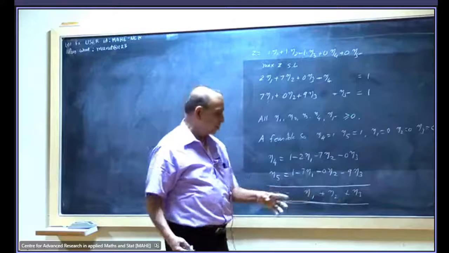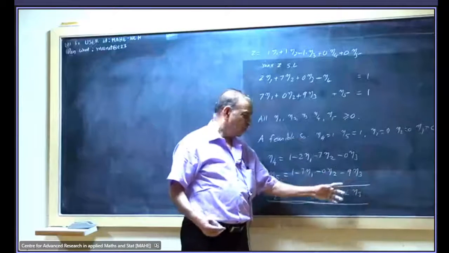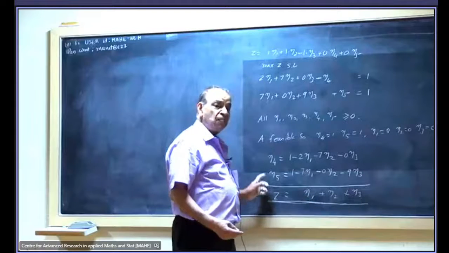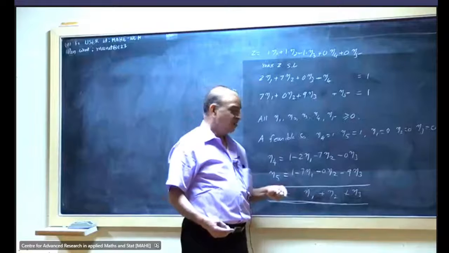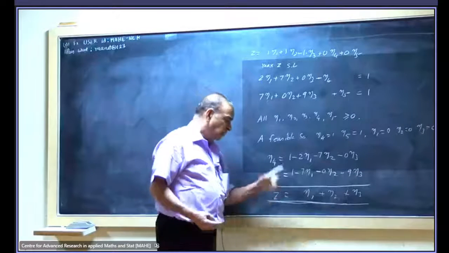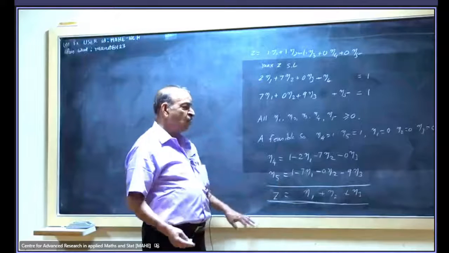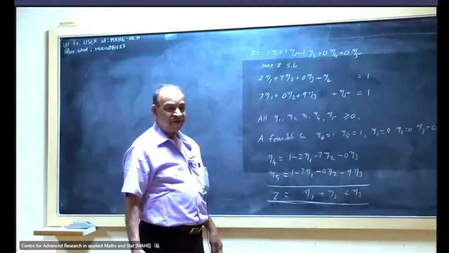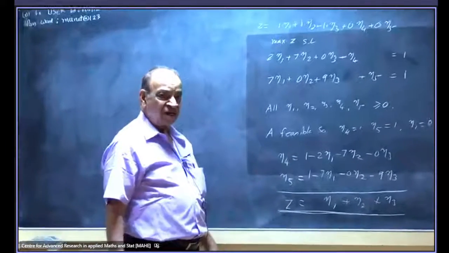The idea is to increase this as much as you can, such that one of these basic variables becomes non-basic and this becomes basic. For example, right now eta 3 can go up to what? Can I make eta 3 as 1?